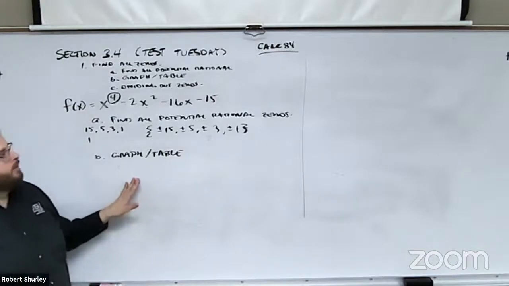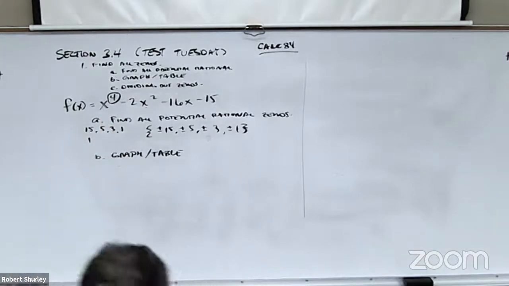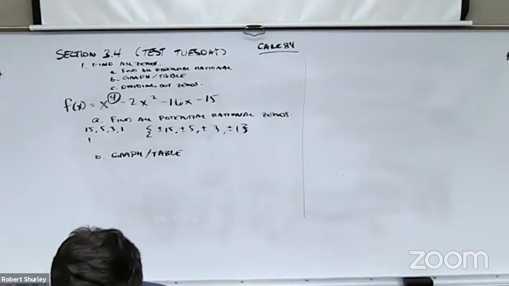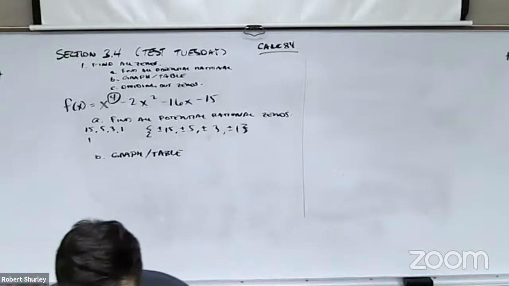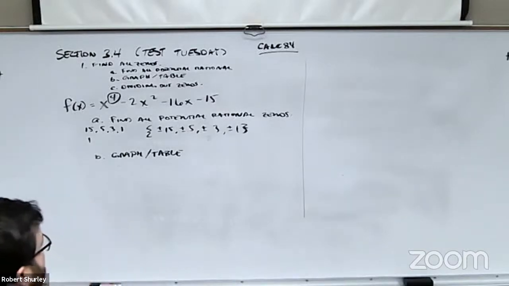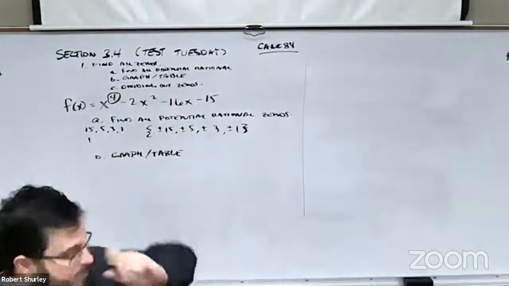I'm going to go into y equals, and graph this. Y equals x caret 4 minus 2x squared. I've got to remember that when I divide. Look, there's no 3rd degree term here, so I need to remember that missing term.